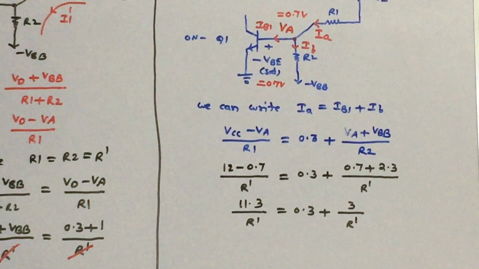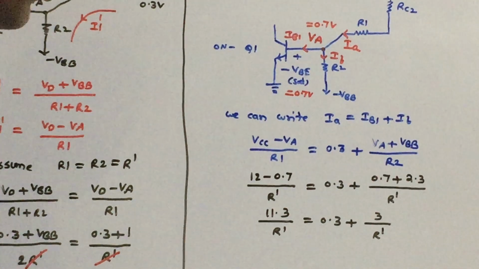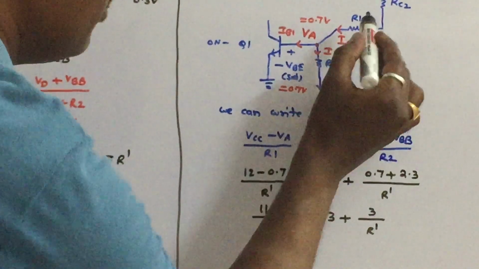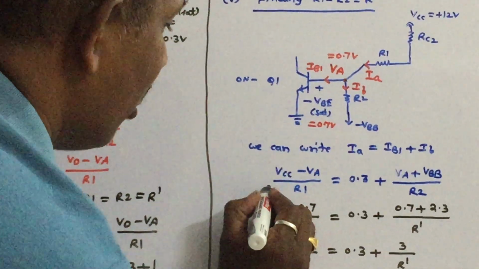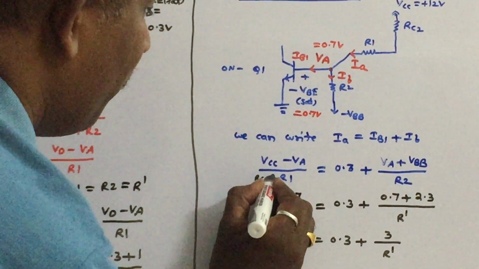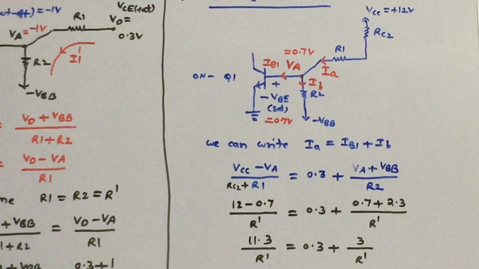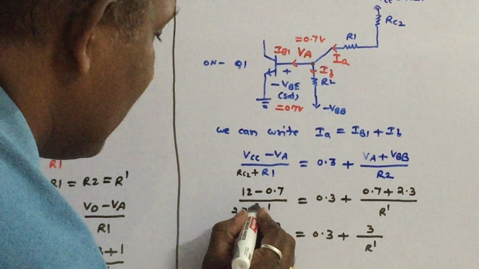If you simplify this equation, here this branch IA is (VCC minus VA) by (RC2 plus R1). RC2, I just mention, RC2 plus R1. What is RC2? RC2 is 2.34 plus R dash.